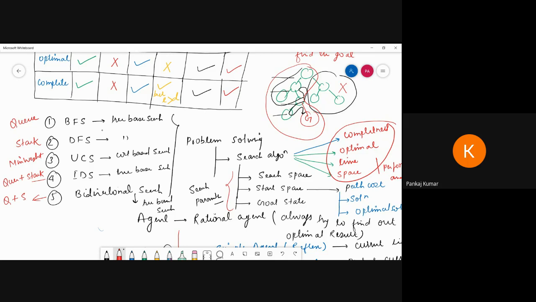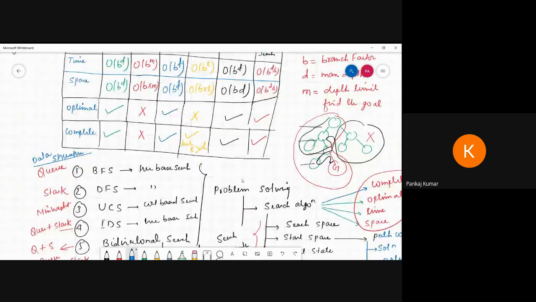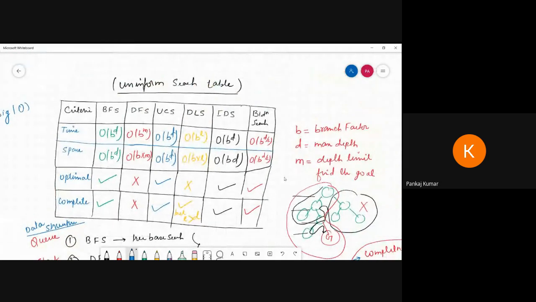Simply, we can say this may use a queue or a stack. These are the data structures we are using for searching with these algorithms. So these are a little bit of information, and till now we have covered this.